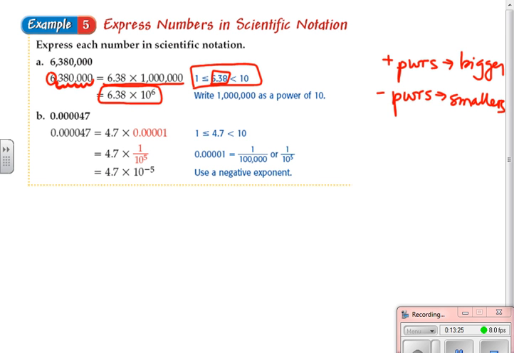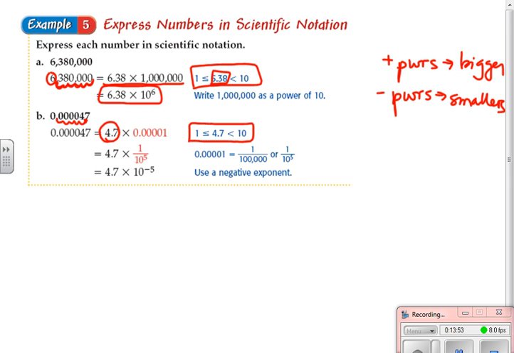So negative is like moving something to a decimal or a fraction. Positive is going to be making it bigger. If I start with something like 0.000047, I have to move my decimal place 1, 2, 3, 4, 5 places to get that number between 0 and 10. But because I need a decimal, that 5 places is a negative exponent.